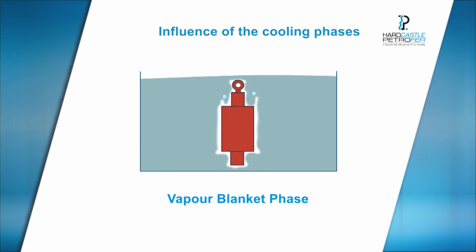A vapor blanket is formed on the component immediately after immersion in the quenchant. This vapor layer acts as an insulator because of its low thermal conductivity, and therefore the cooling rate in this phase is low. The duration of this phase depends essentially upon the quenchant's composition.